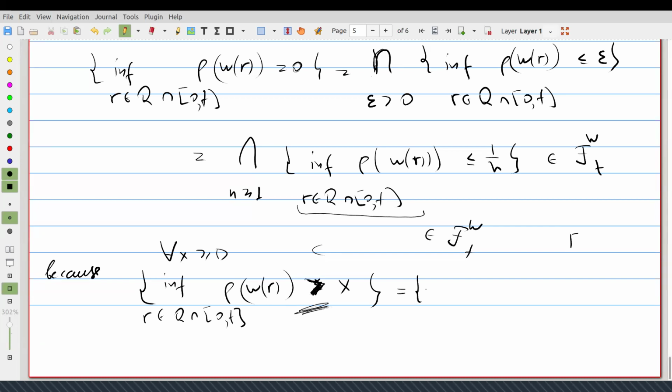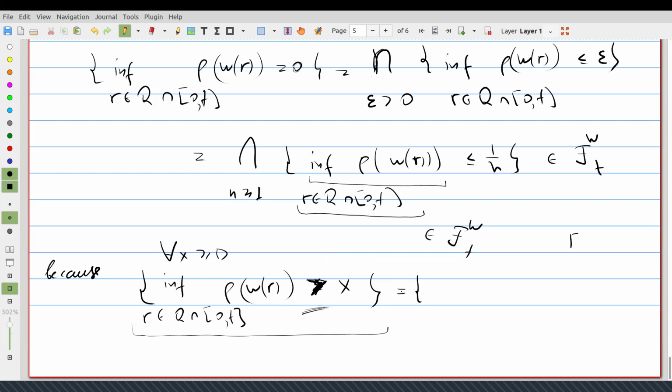this means, no, okay, let's put it formally. To check that this is an F_t-measurable random variable, it is sufficient to check that this belongs to F_t. Because it's a random variable, we can check measurability of events in a different way.